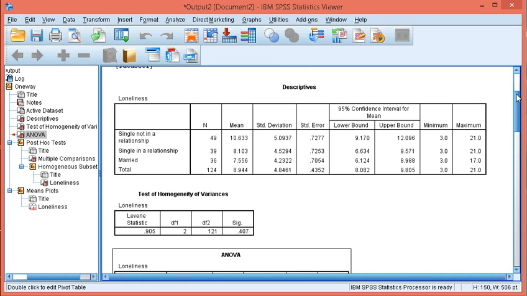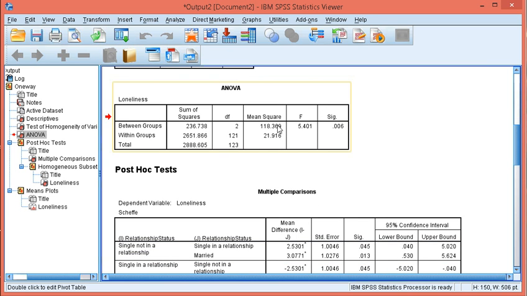So the question is, is this far greater than this particular measure of variance? And I think you know the answer already, judging from the discrepancy between the values. When you divide these two, you'll get this value, your F ratio, which is our test statistic for ANOVA.